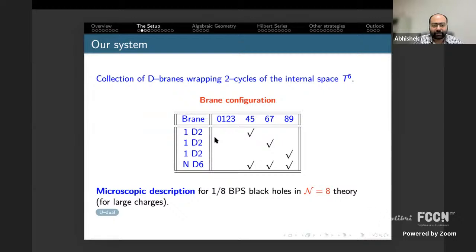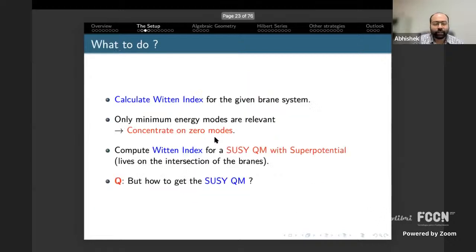Okay, so this is the microscopic description for a 1/8 BPS black hole in an N equal to 8 theory. If you make the charges large, it will be the black hole. So we have to calculate the weighted index for this D-brane system, and we'll just concentrate on the low-lying minimum energy modes, which are basically the zero modes of the system.